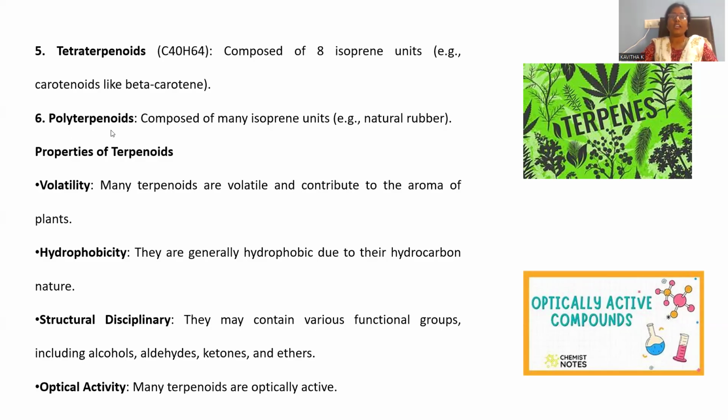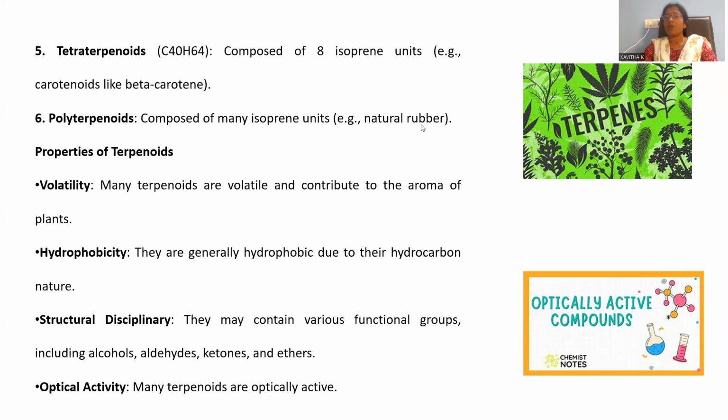Let's go with polyterpenoids. Poly means many. Many isoprene units combined, more than eight we can say, because up to eight we categorize, right? If beyond this eight isoprene units are going to combine, that is bulky, so that polyterpenoid class of molecules is composed of many isoprene units. The example under this category will be natural rubber.